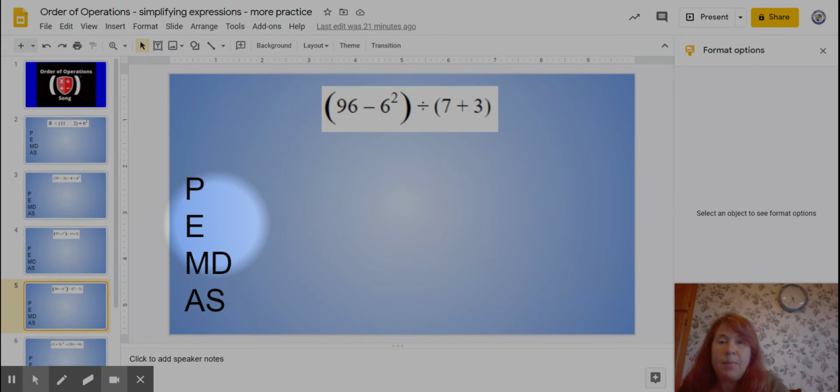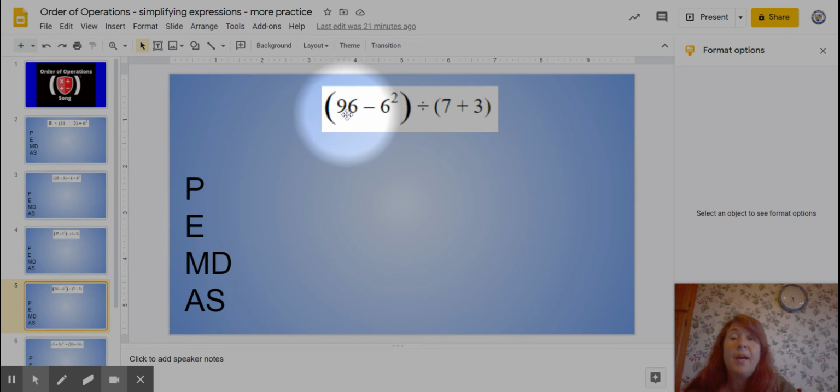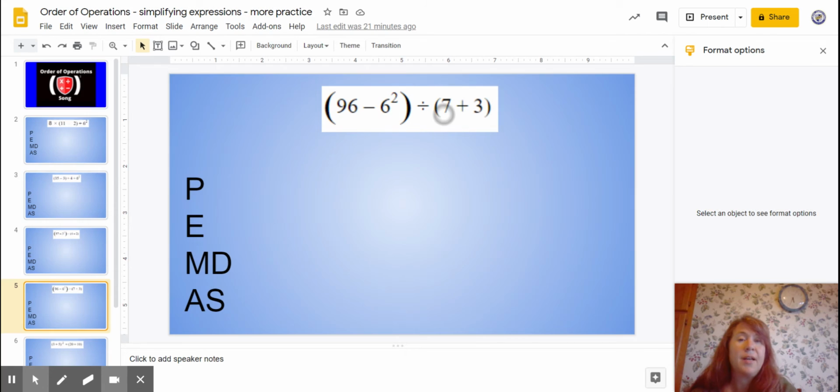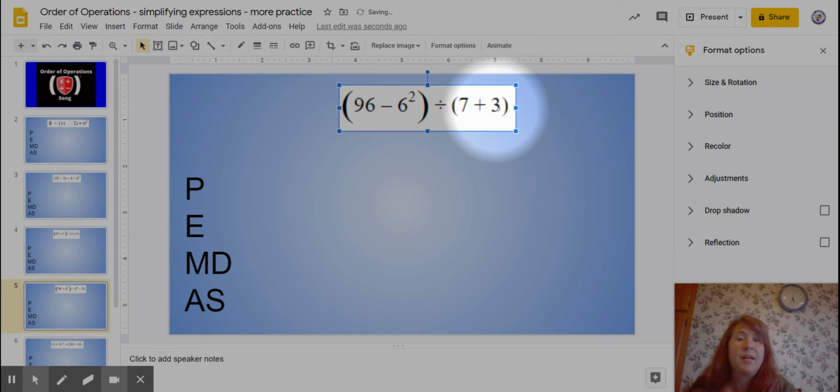All right, so I'm looking here, sorry about that. We have 96 minus 6 squared. That's in parentheses. There's a division sign in the middle, and then there is 7 plus 3 in parentheses also.